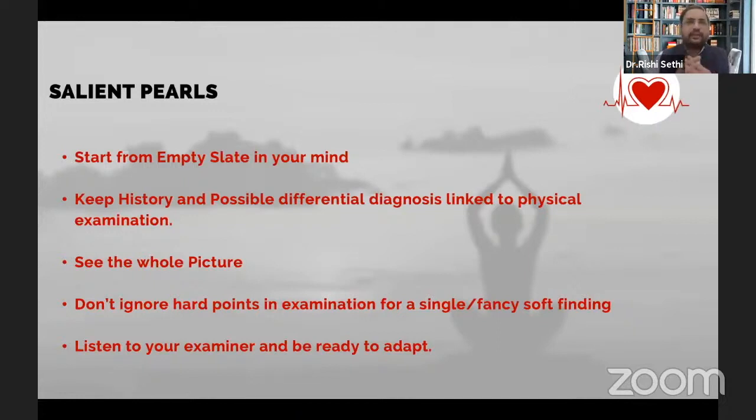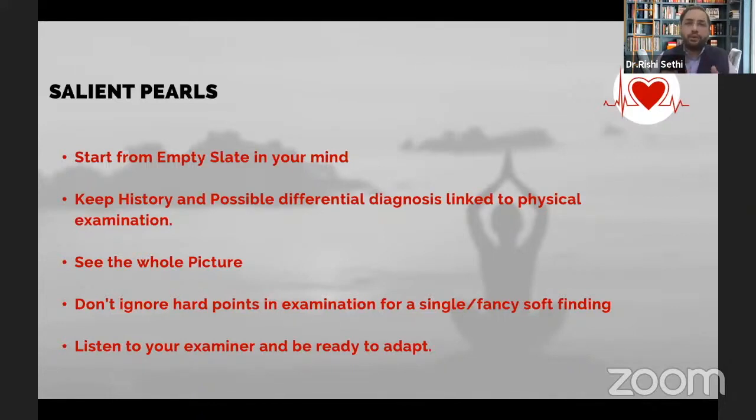The real thing the examiner is looking at is not to get to a final diagnosis, but he's trying to analyze your way of thinking. He's trying to get to what is your methodology in approaching the history. How broad based is your knowledge when you talk about differential diagnosis? What is the methodology of your thinking?